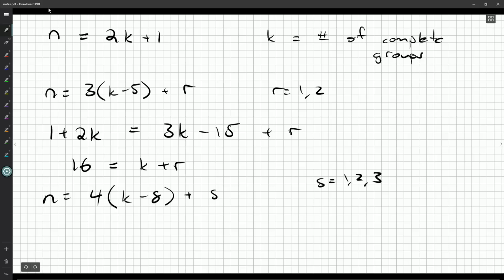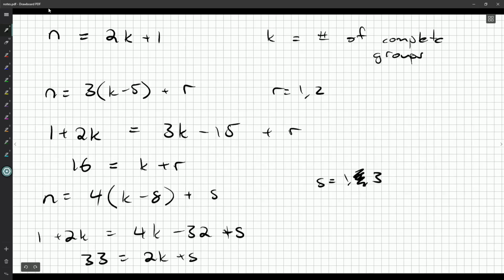Actually, I know it can't be 2, because otherwise n would be even. So s is either 1 or 3. Where could we go from here? Well, I suppose we could do this same sort of rearranging work, and we could say 33 is equal to 2k plus s.